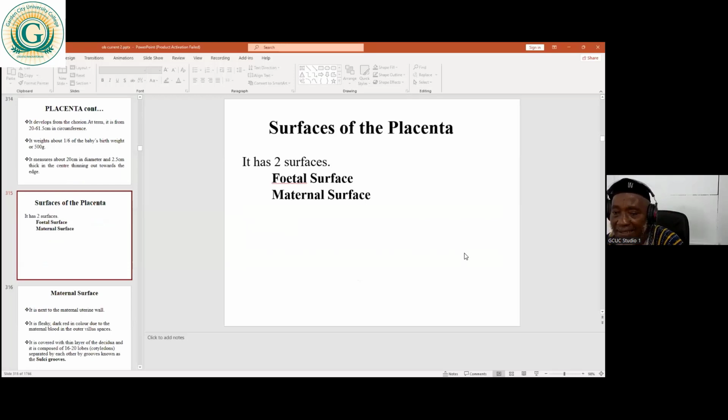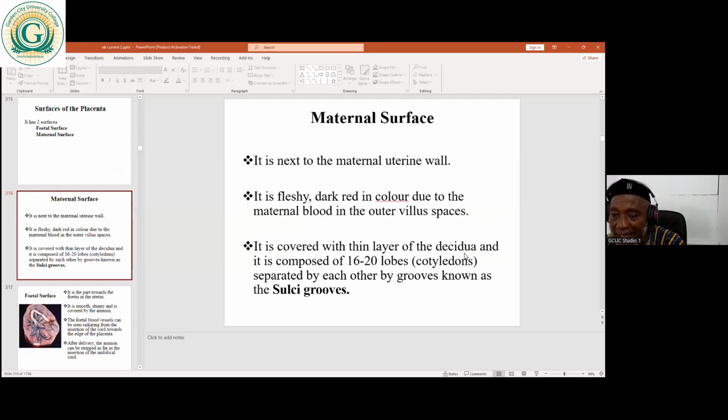As I said, the placenta has two surfaces, the fetal surface and the maternal surface. The maternal surface is next to the maternal uterine wall, fleshy, and dark red in color due to the maternal blood in the intervillous spaces.